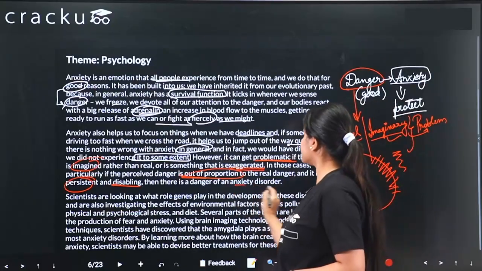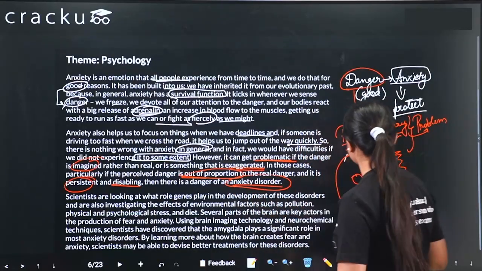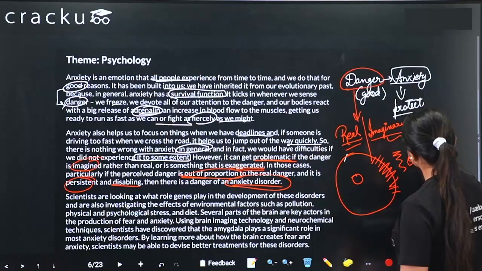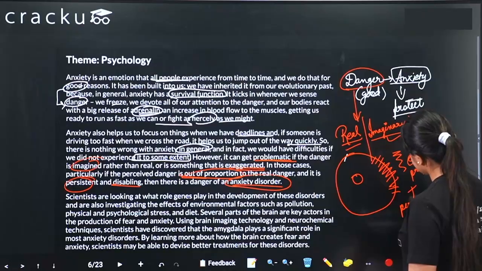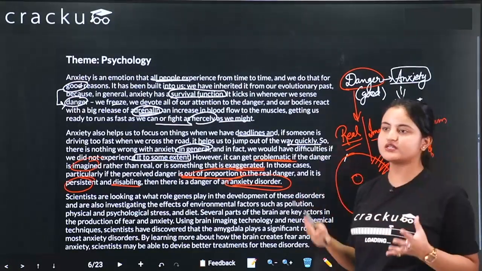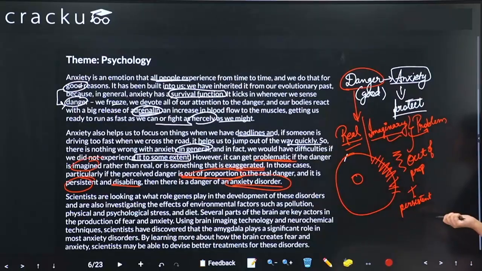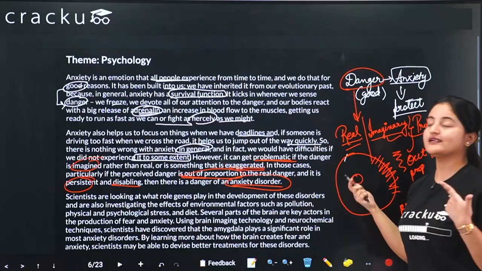Then there is the danger of an anxiety disorder. So out of proportion plus persistent. If the danger becomes like that, imagined danger, then we have the risk of having an anxiety disorder.